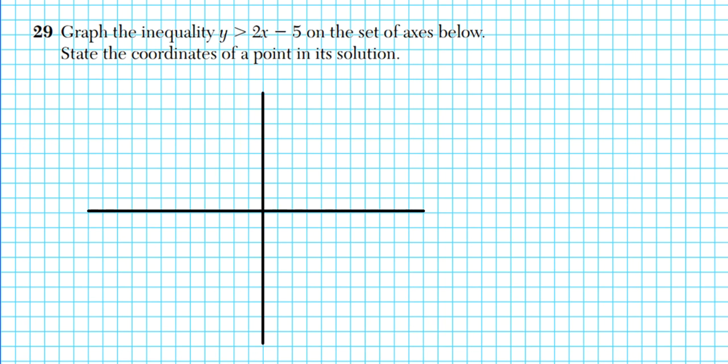Alright, so we have the linear inequality y is greater than 2x minus 5.